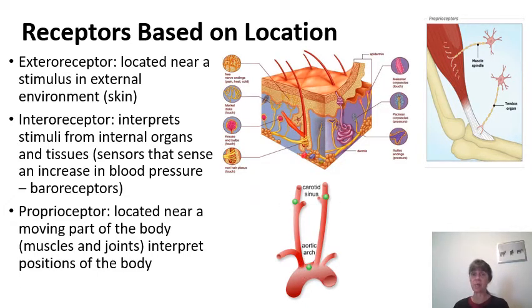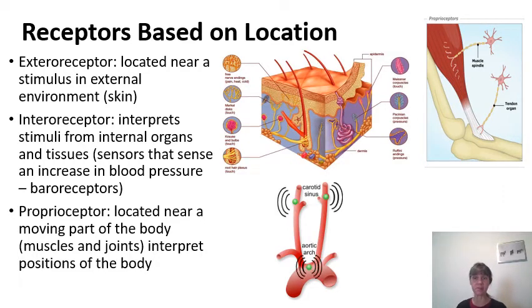We've seen Meissner's corpuscles in the papillary layer of the dermis, Pacinian corpuscles located in the reticular layer of the dermis, and there are also Krause end bulbs and Ruffini endings found in the dermis, as well as hair follicle receptors. So these are all different exteroreceptors. They give us information about our external environment.